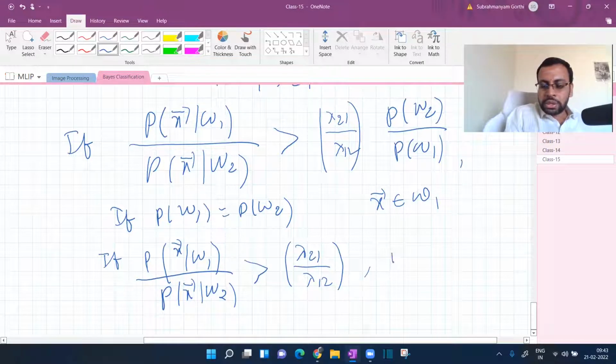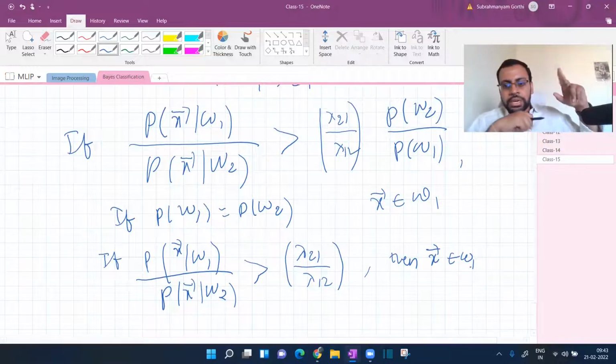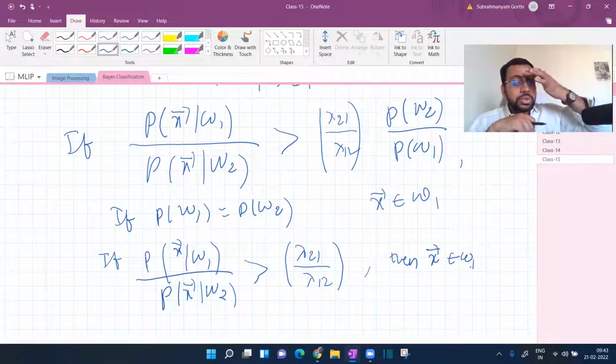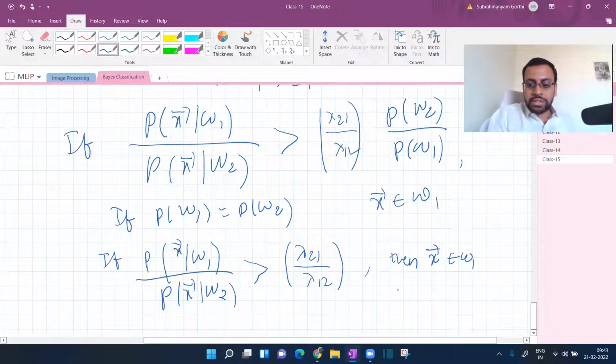Then I would give x bar to omega 1. Now let's again go back to one interpretation of class 1 and class 2 that we considered. Suppose omega 1 is a malignant tumor. Omega 2 is a benign tumor.